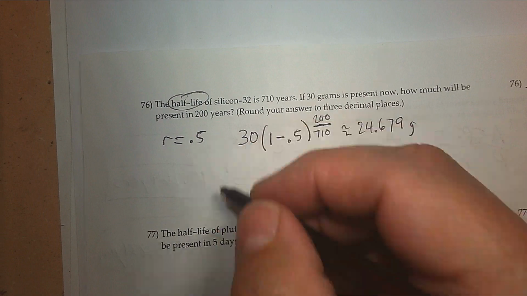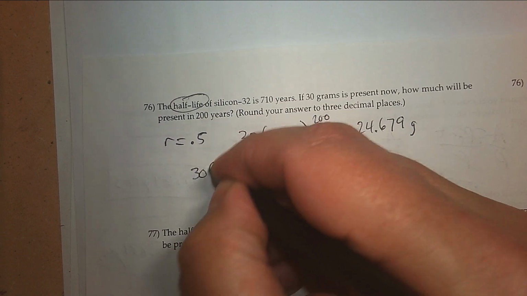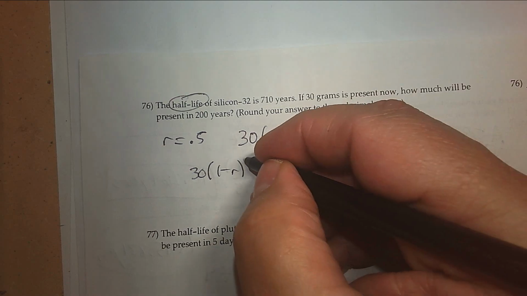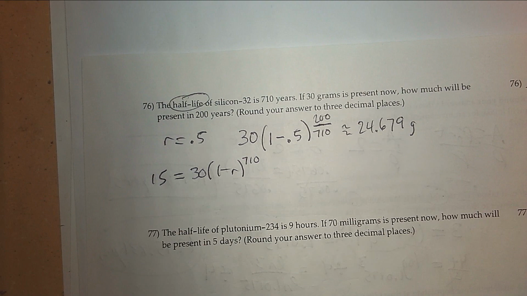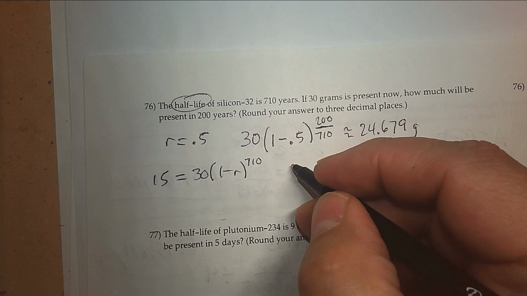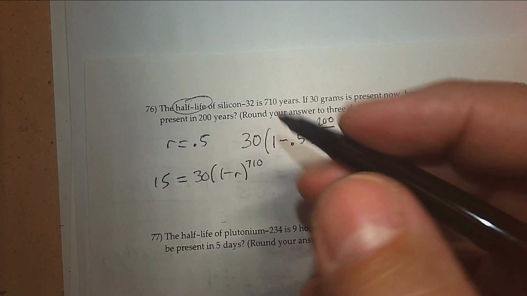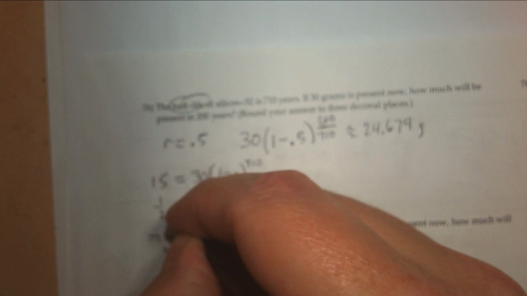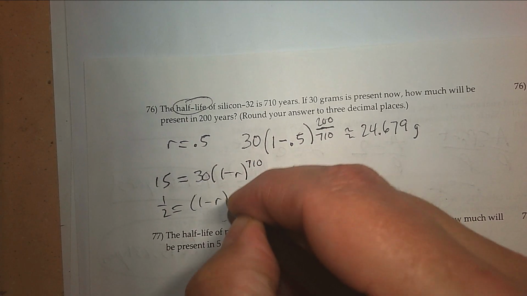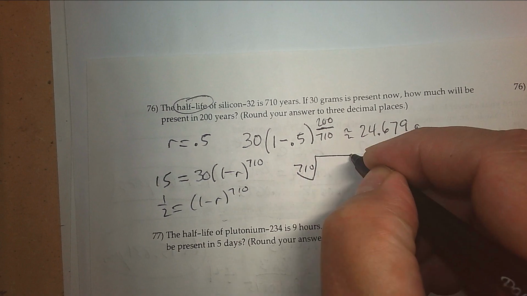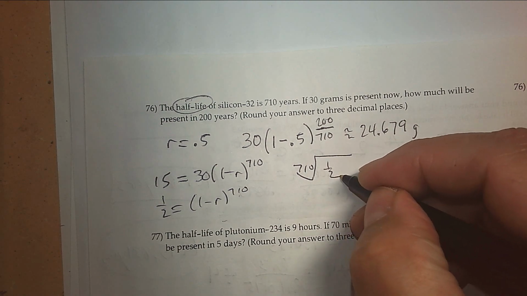Another way to understand it is you could find your rate by solving that, and then once you have that answer, you would divide by 30, that would give you a half. You'd have to do the 710th root of 1/2.